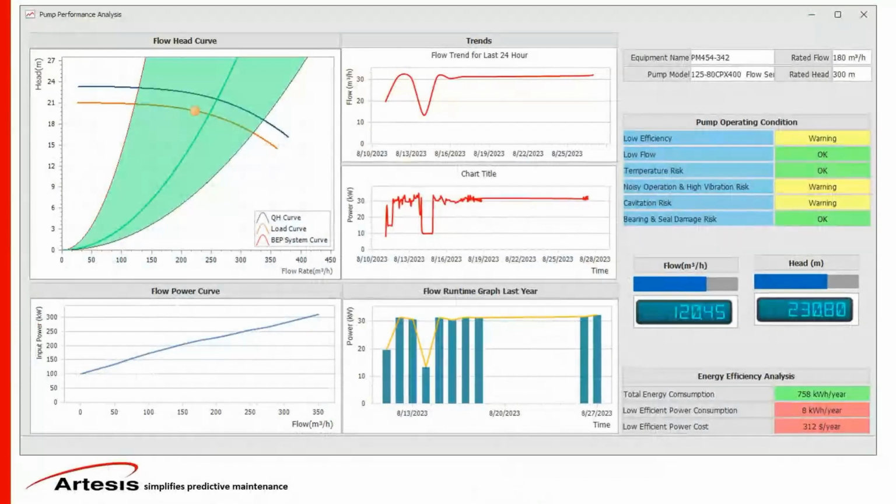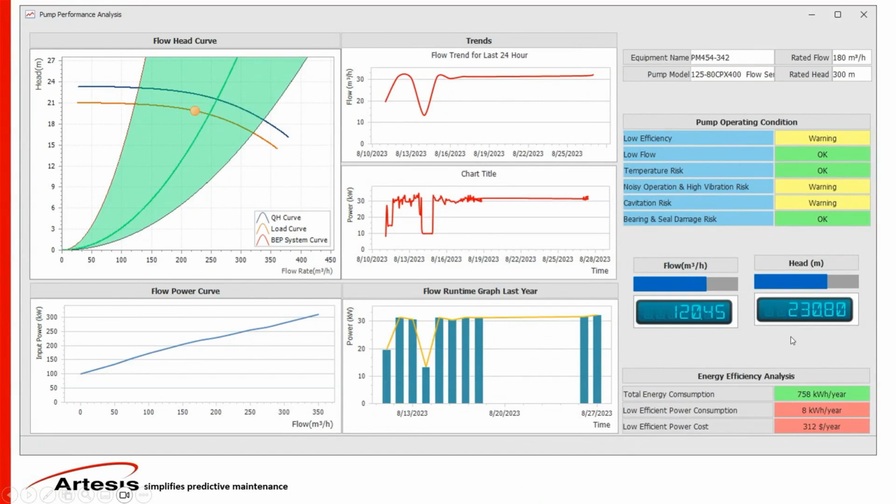Okay, and the information that will be provided, you can see here briefly, will be of course, the operating points of the pump itself, the trend of the flow, power consumption, and more importantly, the actionable information provided to the user: whether the pump is operating at its best efficiency point, and if it's not, if it's going on this curve towards the left, which would suggest issues such as temperature, noisy operation, high vibration risk, cavitation, bearing or seal damage, or whether it's running inefficiently.